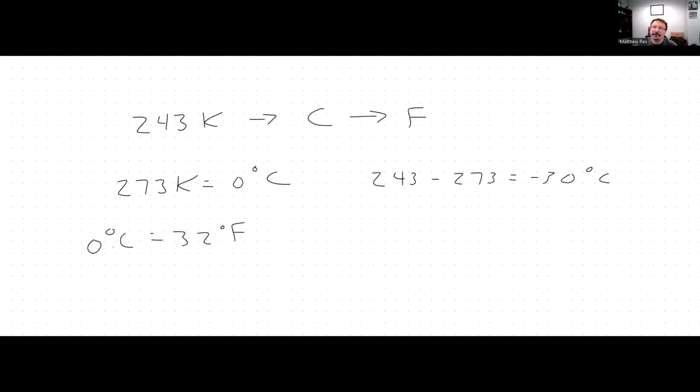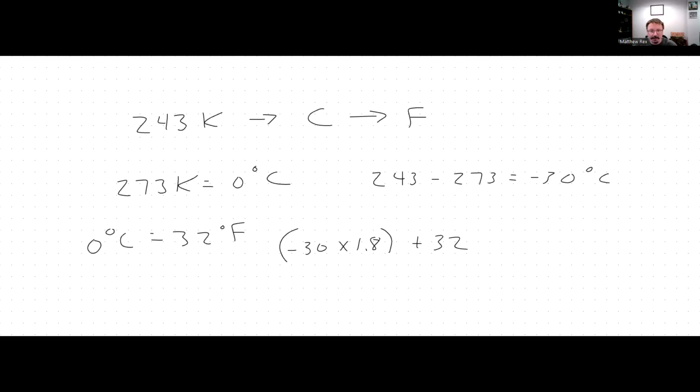So what I would have to do first is take 0 times 1.8 gives me 0 plus 32 gets me to here. So that's what we're going to do here. Negative 30 times 1.8. That's the conversion between Celsius and Fahrenheit. Every degree Celsius we go up, we would be going up 1.8 degrees Fahrenheit. And then at the end, we're going to add 32 to that.